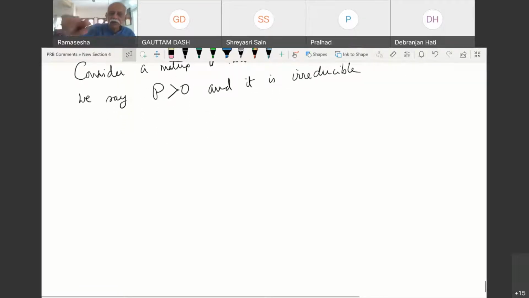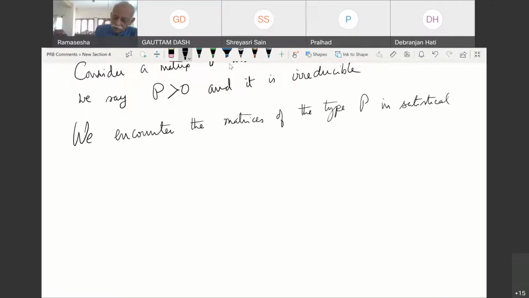So we encounter the matrices P in statistical mechanics. What happens in statistical mechanics is you have a configuration I of atoms or spins or whatever you want to consider.